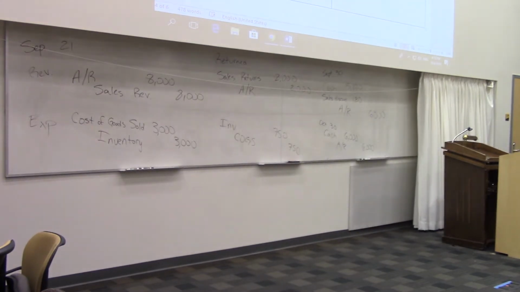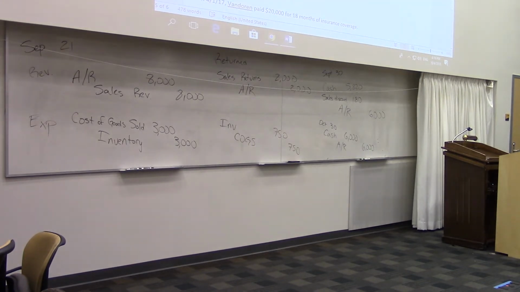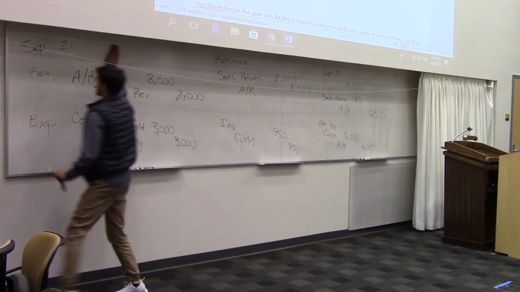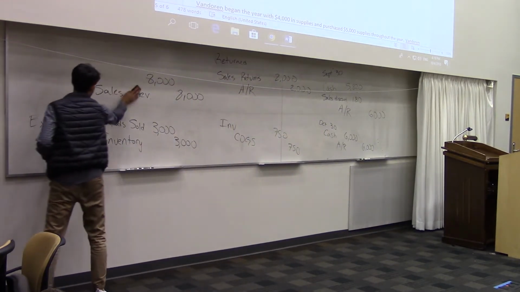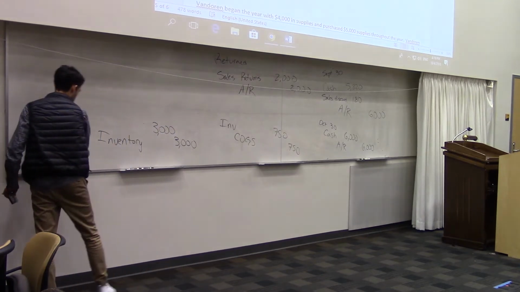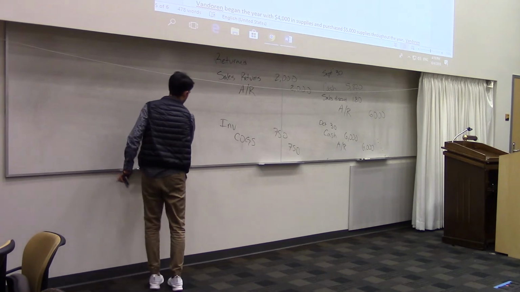All right. Two more topics left: adjusting entries and then closing entries. Adjusting entries is all about recognizing revenues or recognizing an expense at the end of the year or the end of the period.